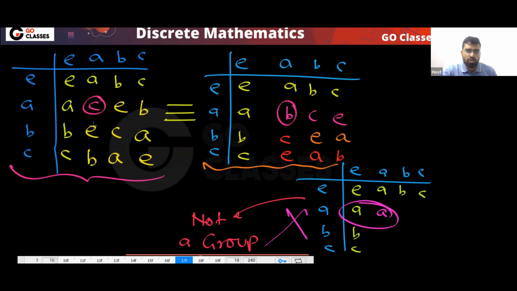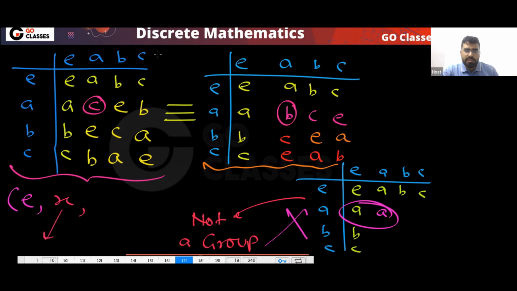Why are they isomorphic? Because you can see the role of this structure: it is E, comma, one element that is the inverse of itself. Yes or no? So I can say this is E comma X, where X is the inverse of itself.